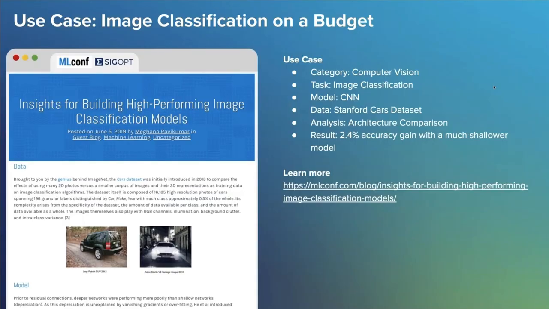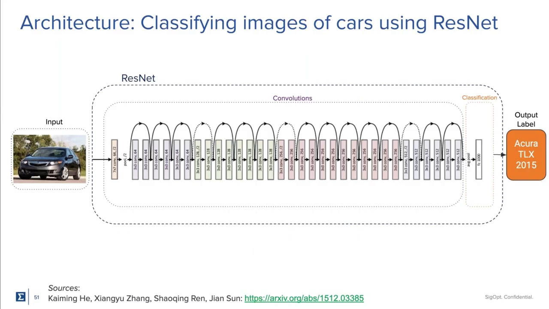So we go into quite a bit more detail in this example that we did with MLConf, where we take the Stanford Cars data set and show, in this expensive computer vision task of multi-class classification, how you break that into subcomponents in order to get to the best possible model. Again, we go into more detail in the blog post, and all of this is available online, but we take a classic architecture for doing computer vision classification problems, the ResNet architecture.